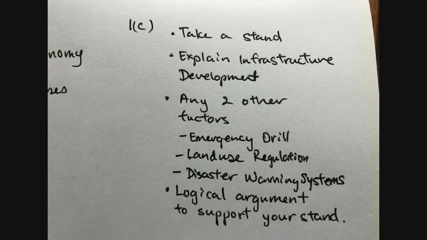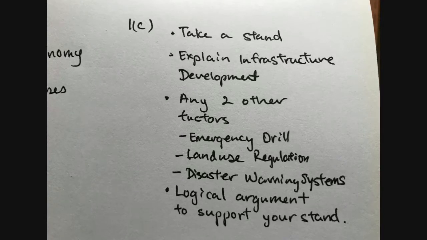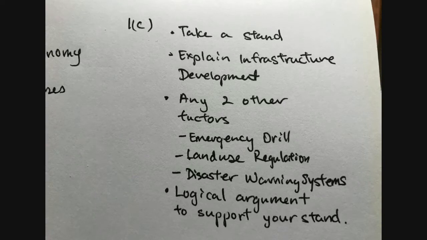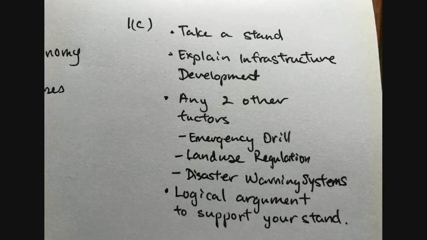What is required in your answer? Number 1, you have to take a stand. There are still candidates who don't take a very clear stand in this. You have to agree to a large or small extent. Please remember that. Next, you have to explain the given factor. In this case, it is infrastructure development. Provide a clear example of what you understand as infrastructure development.